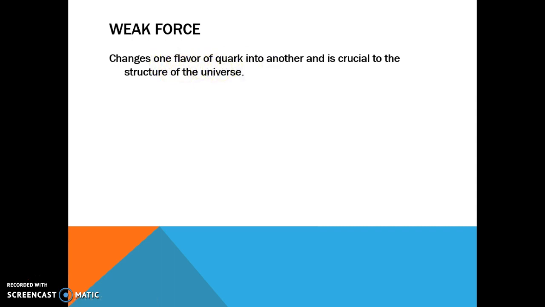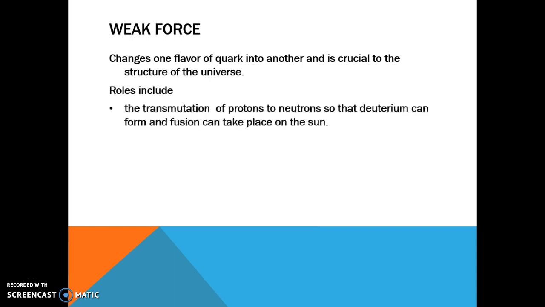A neutron is made up of multiple quarks. So as these quarks rearrange themselves or change from one to another, you actually wind up altering what you have inside the nucleus. And what allows those quarks to change is the weak force.